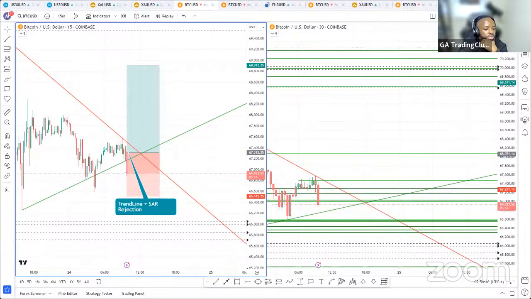For the other charts, still nothing for the supply and demand entries, and nothing for that reversal entry I was watching for gold.